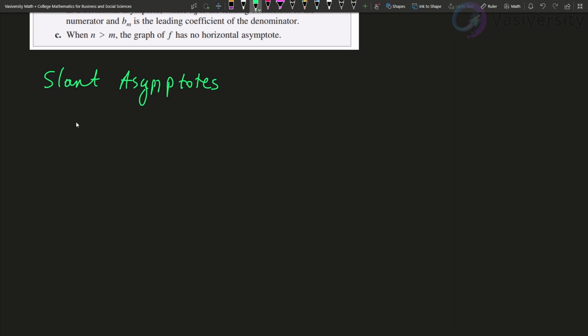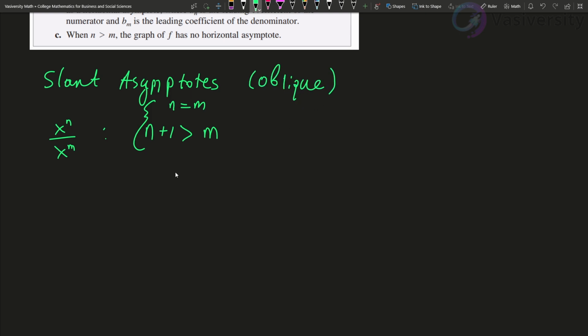If we have a fraction of polynomials, x to the power of n over x to the power of m, and n is exactly one more than the degree of the denominator, then we're going to have a slant asymptote, which we can also call oblique.